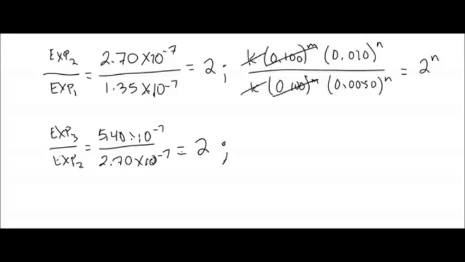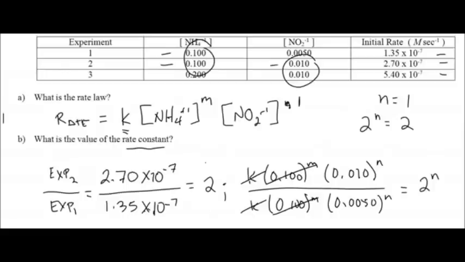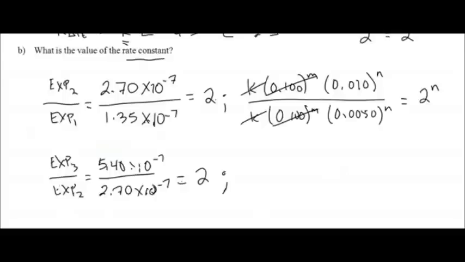So now I want to plug in my concentration, so I need to look at experiment or trial 3. My ammonium is 0.200. So again, the K, and I don't know what it is yet.